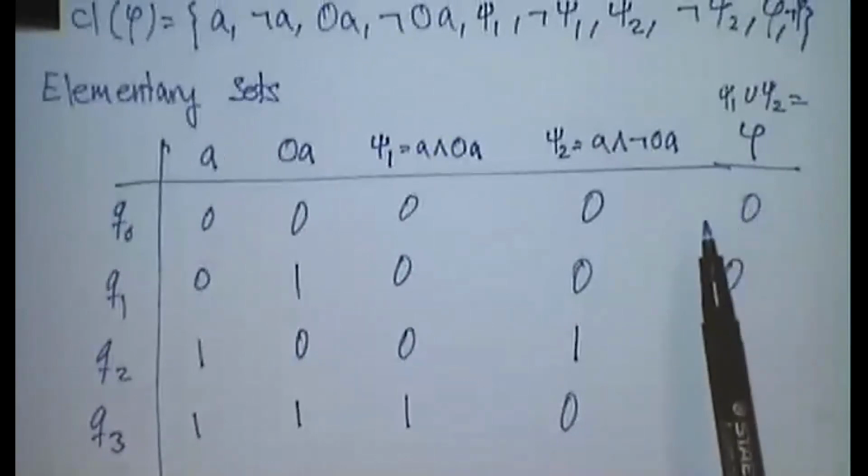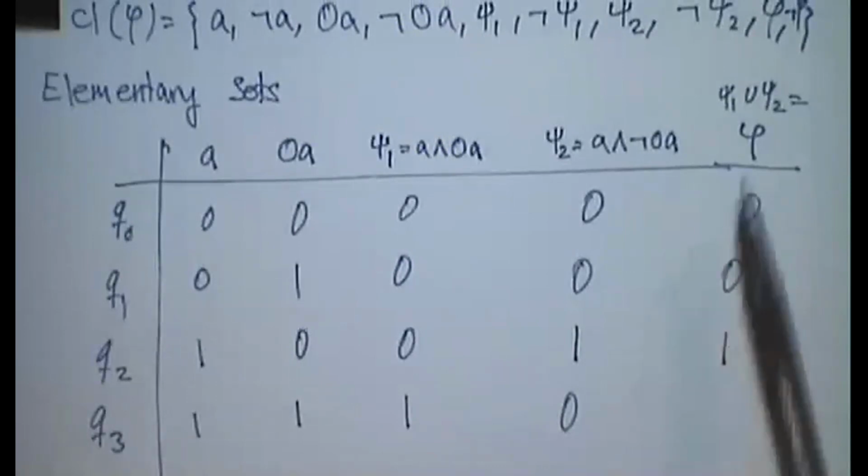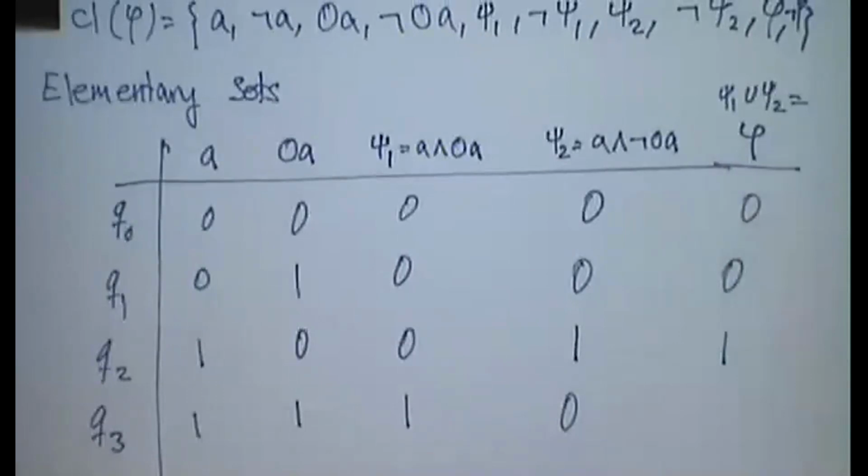Why? Because at the first index of the string, psi1 holds, but psi2 doesn't hold. So it might be the case that psi1 keeps holding until at some point we see psi2, and it might also be the case that we just never see psi2, or any other condition that psi1 until psi2 does not hold. So I can have this with a 1, and I can also have it with a 0.